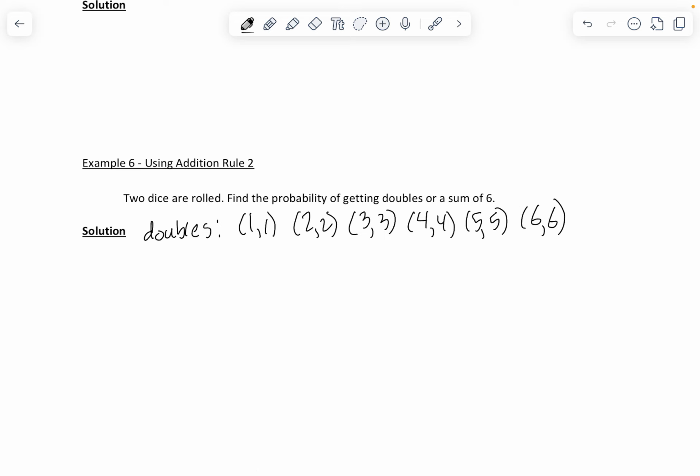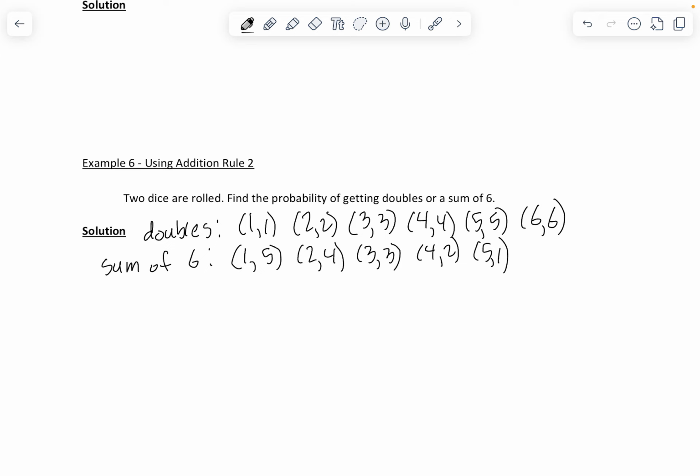Sum of 6. These are all the ways to get a sum of 6. 1, comma 5, 2, comma 4, 3, comma 3, 4, comma 2, 5, comma 1, right?